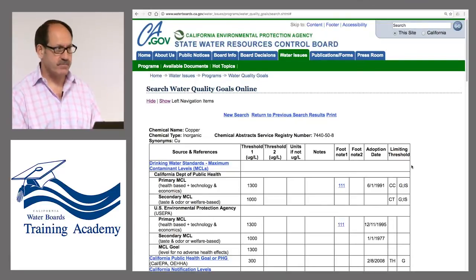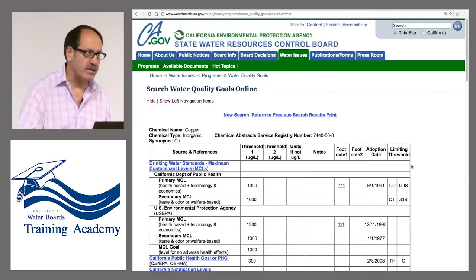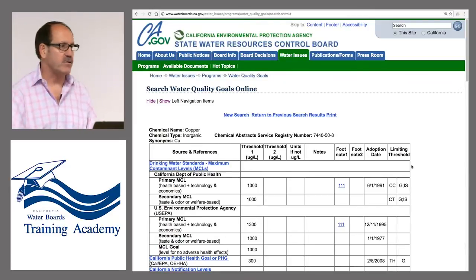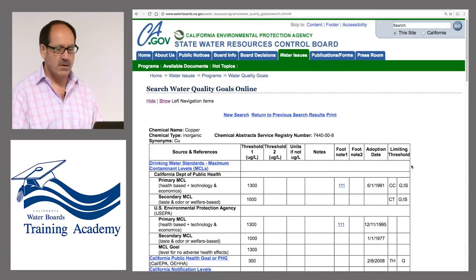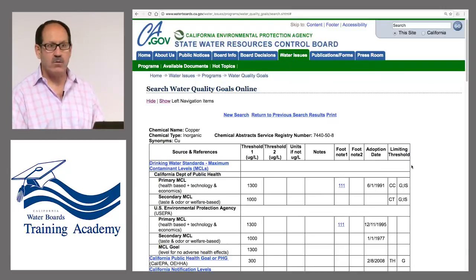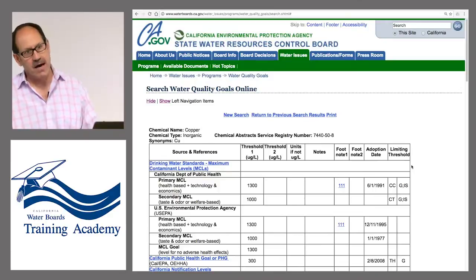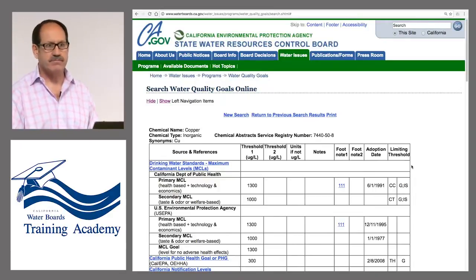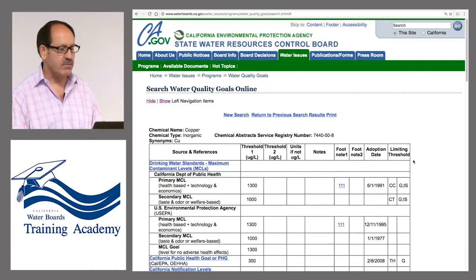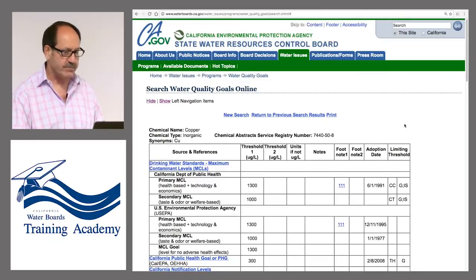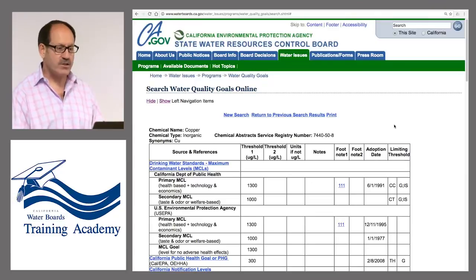Site cleanup consultants. Absolutely. Site cleanup is a big user of these. So permit writers that want to find out, well, I'm going to calculate an effluent limit, but what does that have to be based on not exceeding in the receiving water? So all kinds of uses. Virtually all of our programs at the boards can use this information. Any questions about what's in the database?